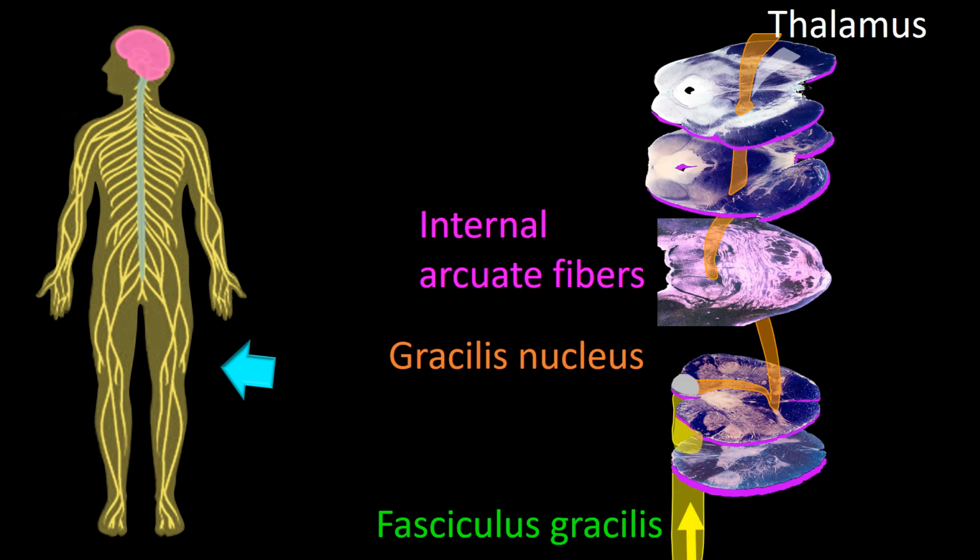The only difference is that they travel in the gracile fascicle and make contact with neurons in the gracile nucleus. The pathway of the upper and lower body for these modalities of sensation is called, as we have previously mentioned, the dorsal column medial lemniscus pathway.